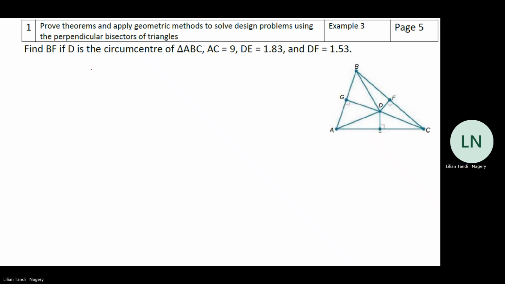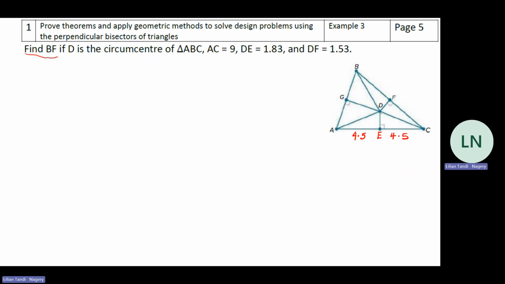So find BF. And we've been told that D is the circumcenter. This should be E over here. Now, we know AC is 9. So this has to be 4.5 and this has to be 4.5 because E is the midpoint of this.